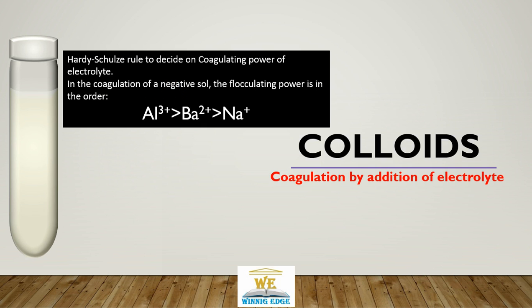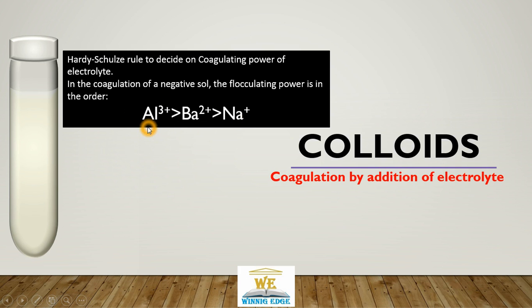For example, in coagulation of a negatively charged sol, flocculating power or coagulating power depends upon the charge on the ions, and in the same corresponding order they are arranged.